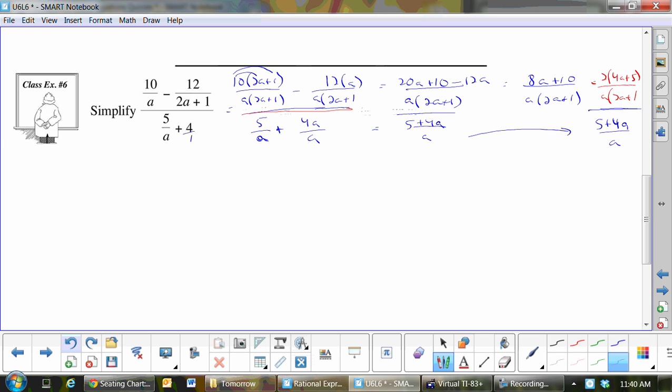Now division is the same thing as multiplication by the reciprocal, right? So can I just write that again? 2 times 4a plus 5 all over a times 2a plus 1. That's going to be times, and I'm going to flip that, a over 5 plus 4a.